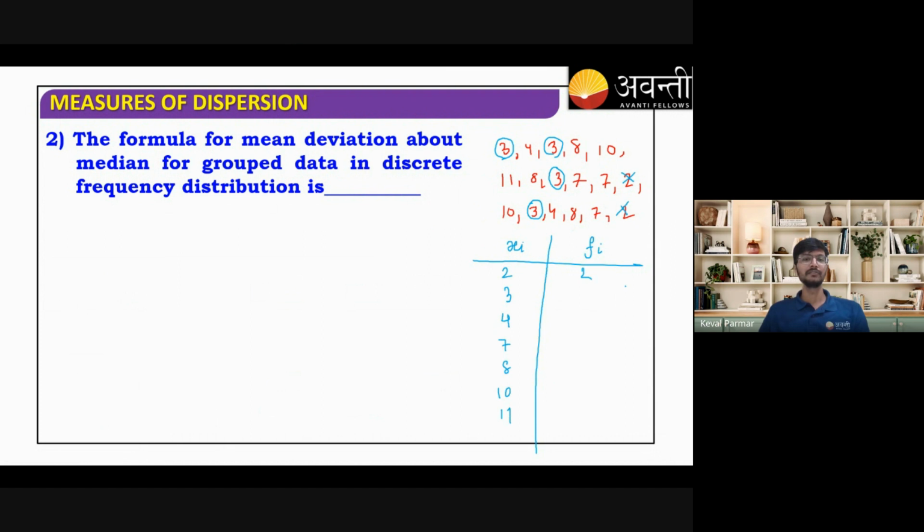I'm crossing off the data so we can verify that we have covered all the numbers. How many times did 3 come? 1, 2, 3, 4. 4 times. 4 appears 2 times. 7 appears 3 times. 8 again 3 times.